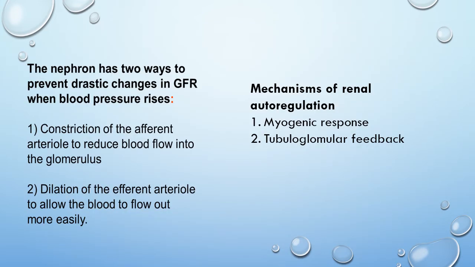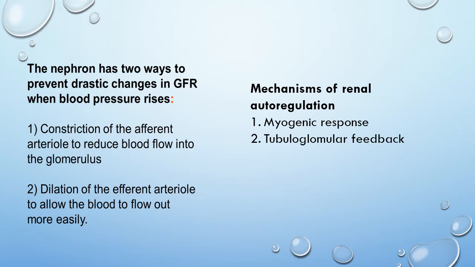So the nephron has to have several ways to adjust on issues. There has to be several ways to regulate what's going on, and there's regulation by the nephron itself.